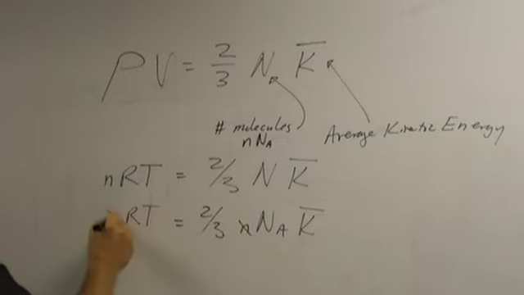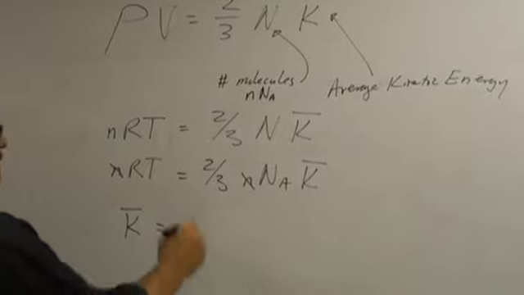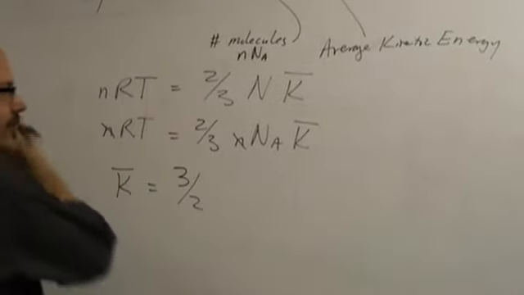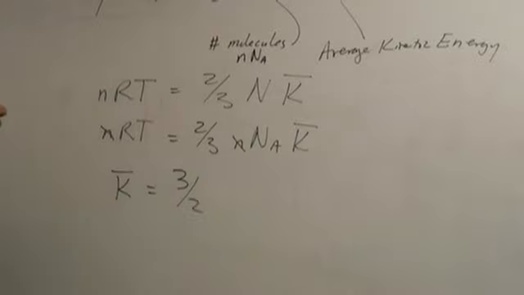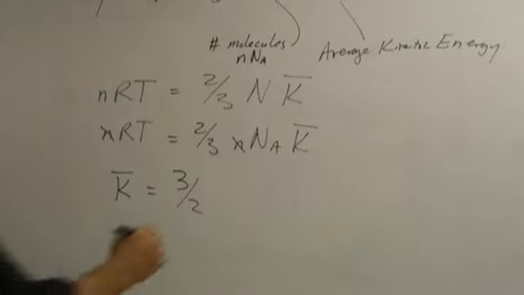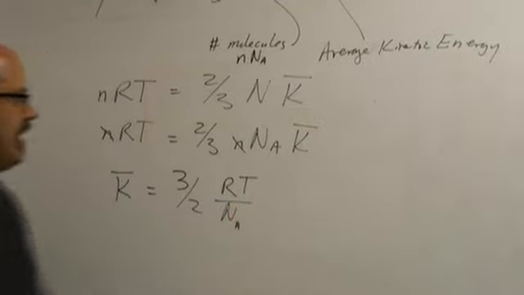So what happens to my n? It goes away. If I solve for K, kinetic energy average then equals what? 3/2 RT over N, Avogadro's number.